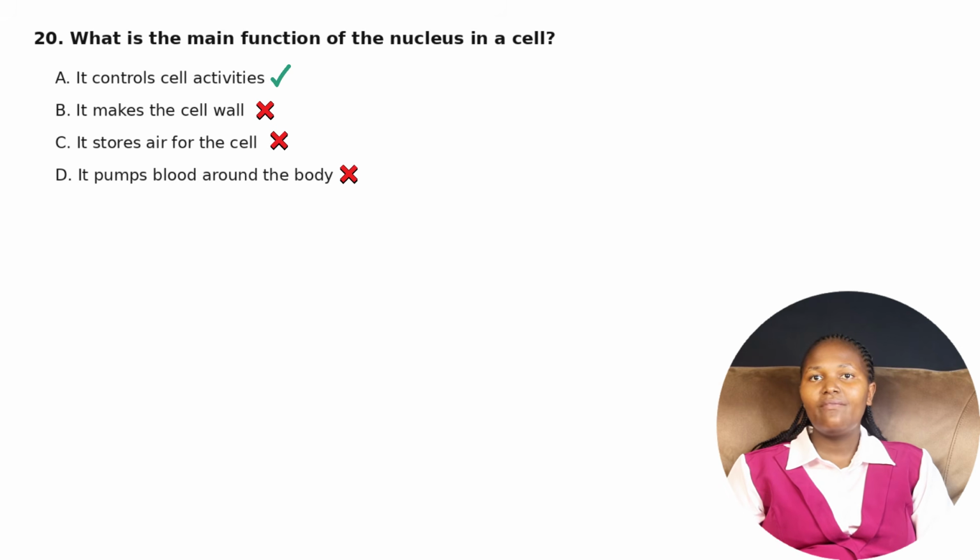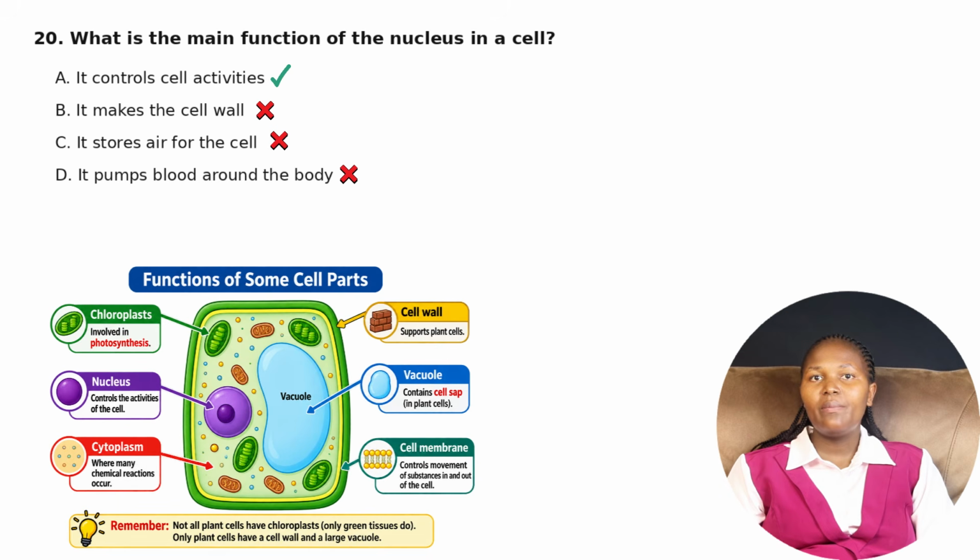Other cell parts have their own functions. The cell membrane controls movement of substances. Cytoplasm is where many chemical reactions occur, and the cell wall supports plant cells. Chloroplasts, on the other hand, are involved in photosynthesis, and the vacuole contains the cell sap in plant cells.